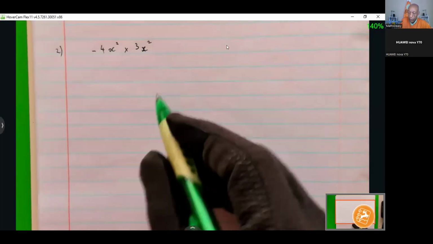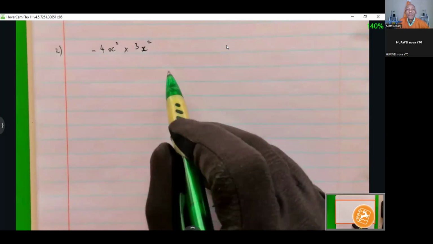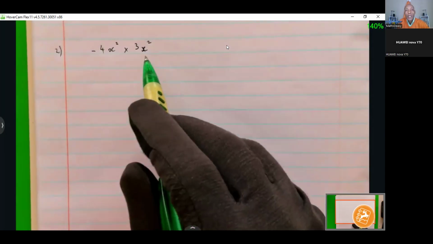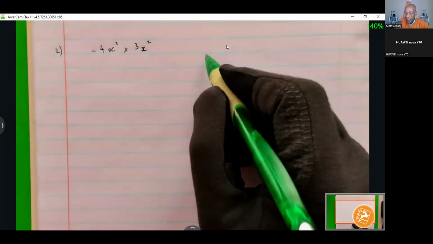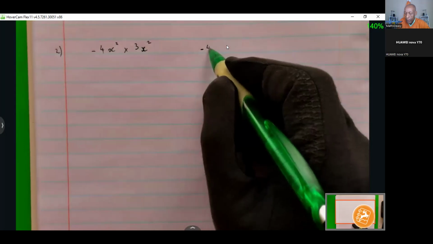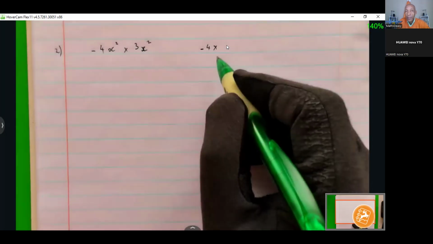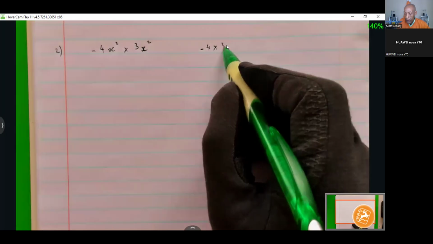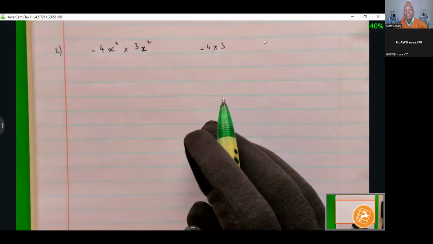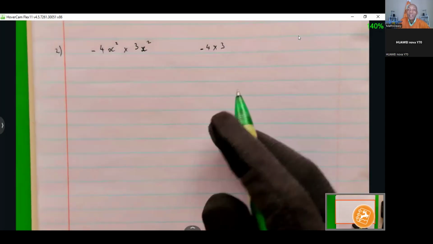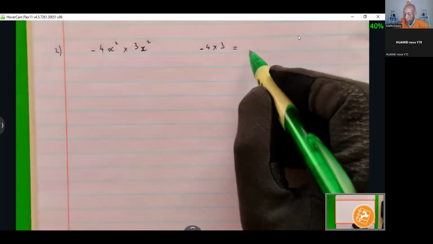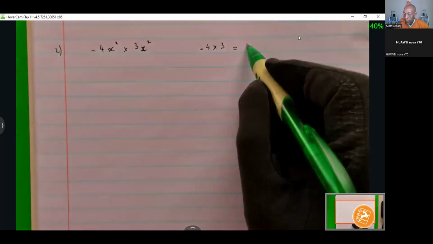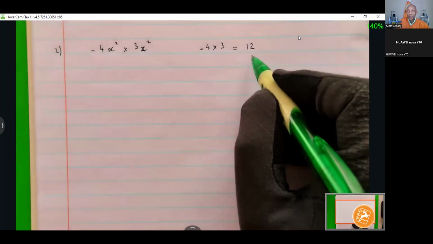Right. So we have two parts in these terms. So we have the numbers. You can also do this during your test so that you don't make mistakes. The numbers, you can calculate them separately. So 4 times 3 is what? 12, isn't it?